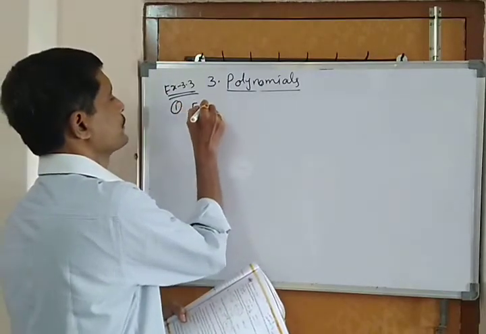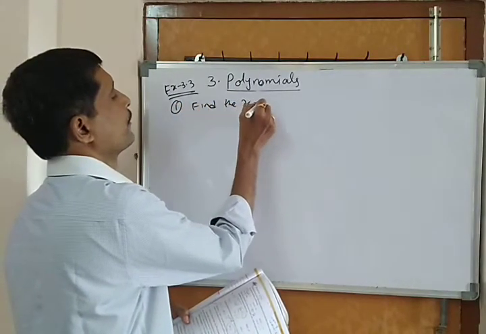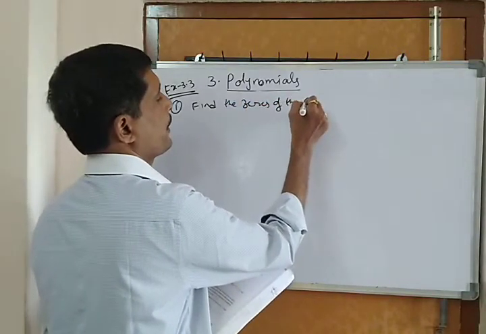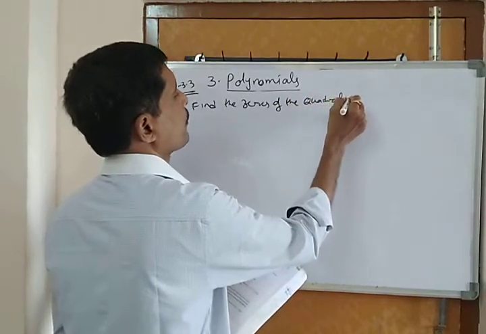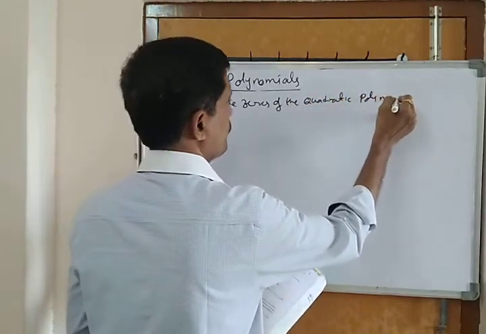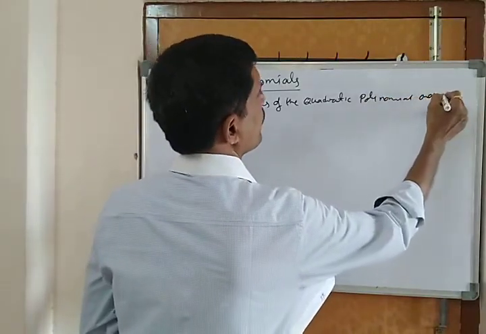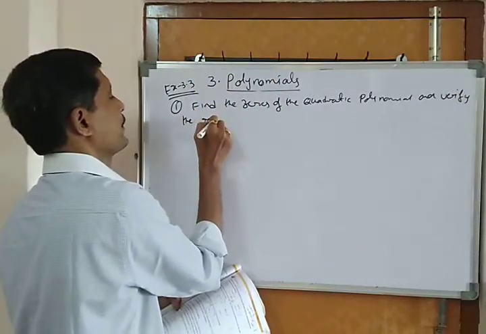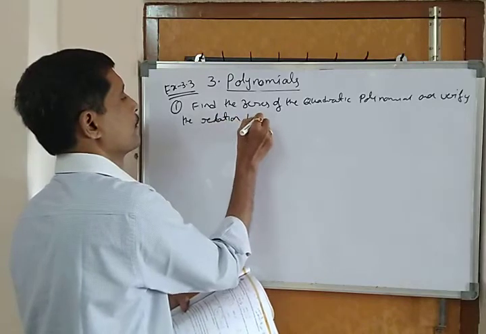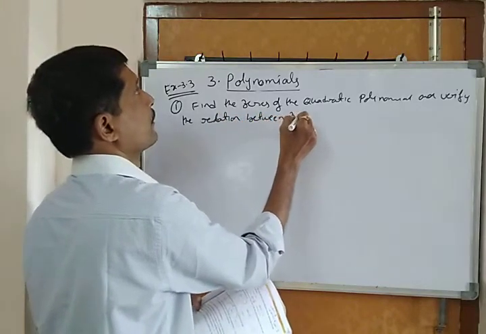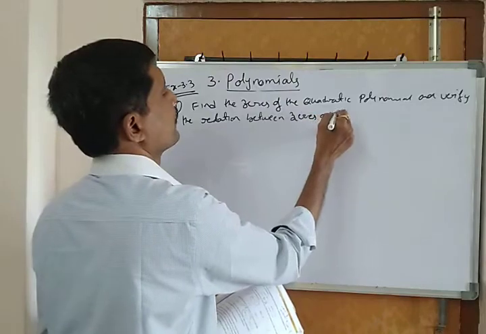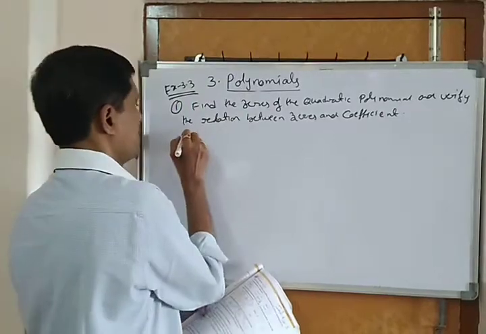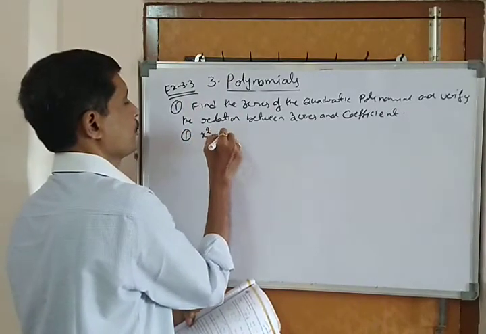Find the zeros of the quadratic polynomial and verify the relation between zeros and coefficients, that is x square minus 2x minus 8.